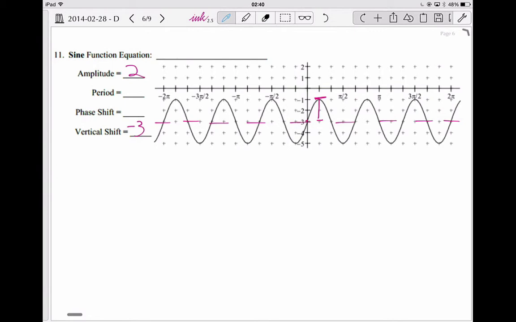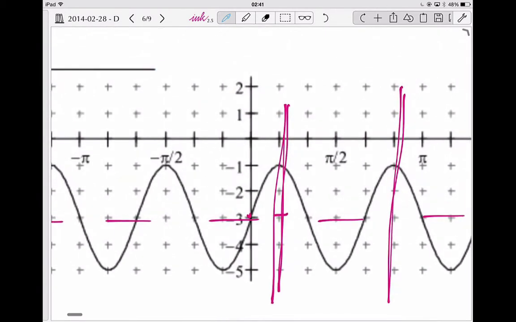To get the period, you just have to get one whole wiggle, and you can do that from any part of the graph. It's often easiest to go peak to peak or valley to valley, so that's what I'm going to do. Here's a peak, and there's another peak. If this is pi over 2, and it's cut into thirds, a third of pi over 2 is pi over 6.